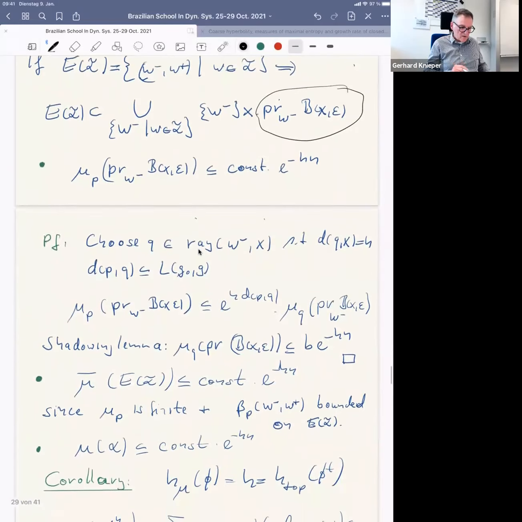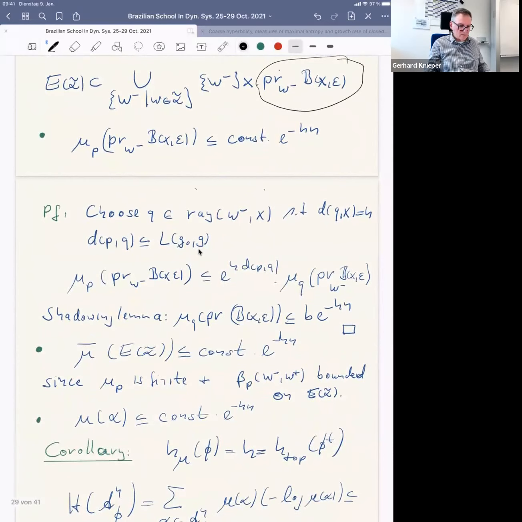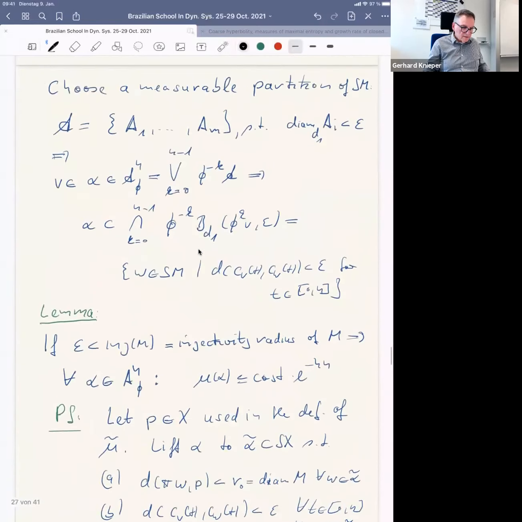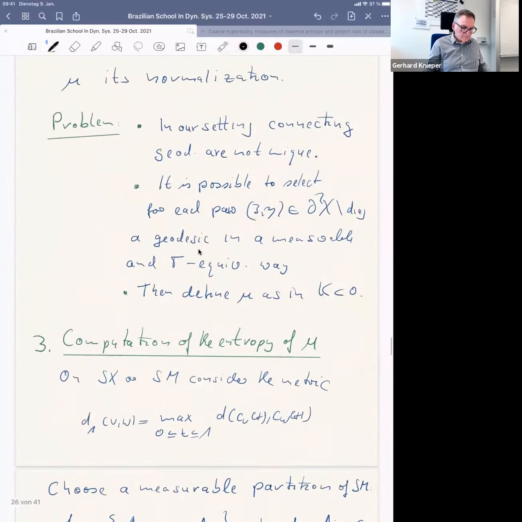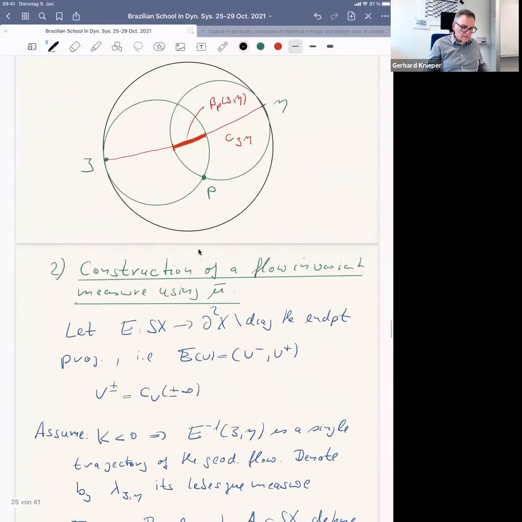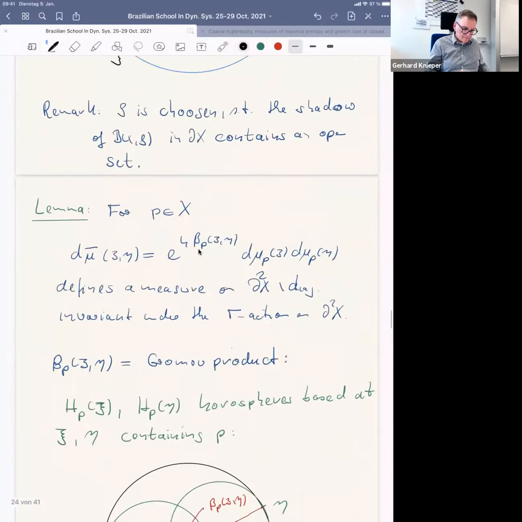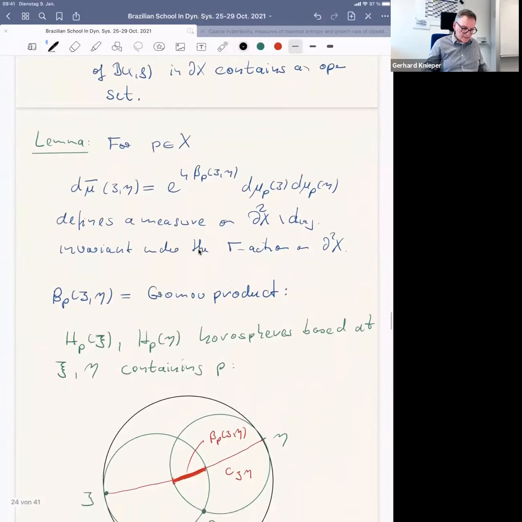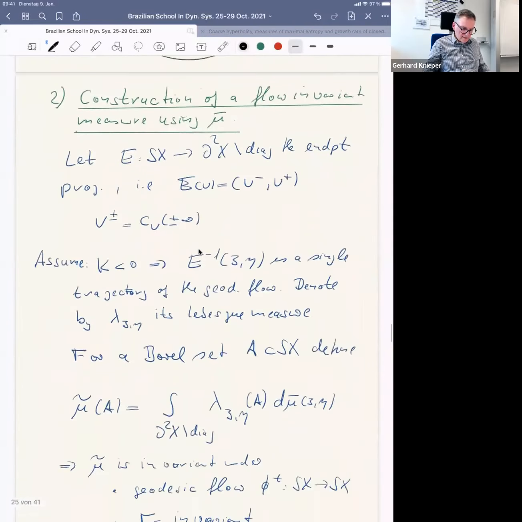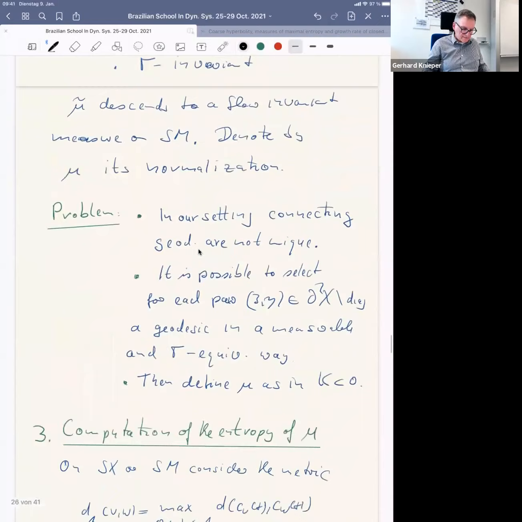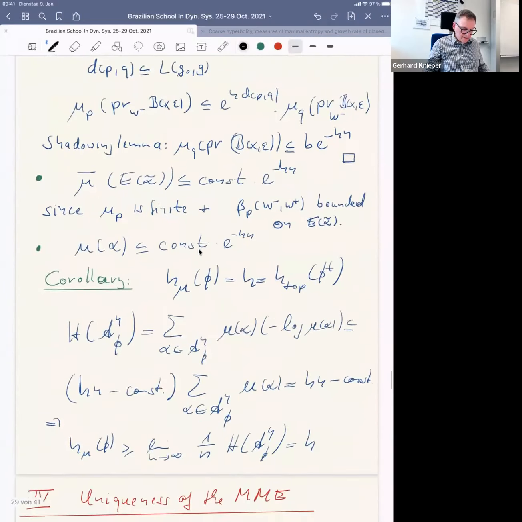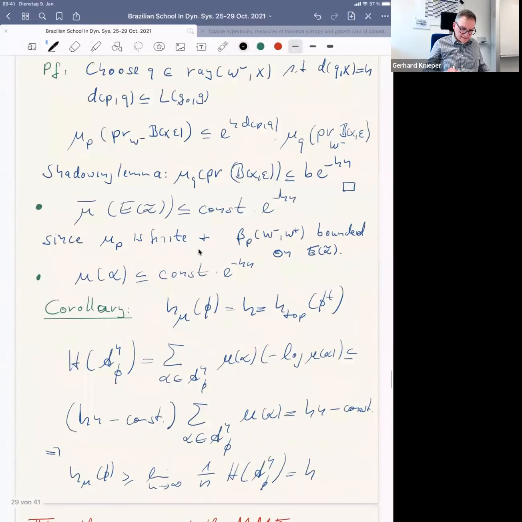So I claim now that the measure mu bar, which was introduced above, this measure which was used to get this invariant measure, is now of the endpoints of this alpha tilde a right inequality. Okay, that this inequality holds.